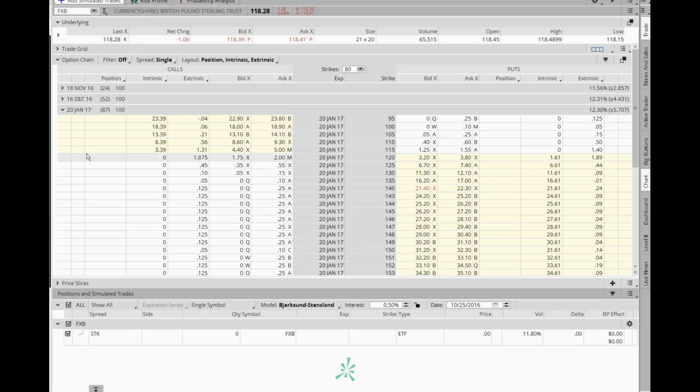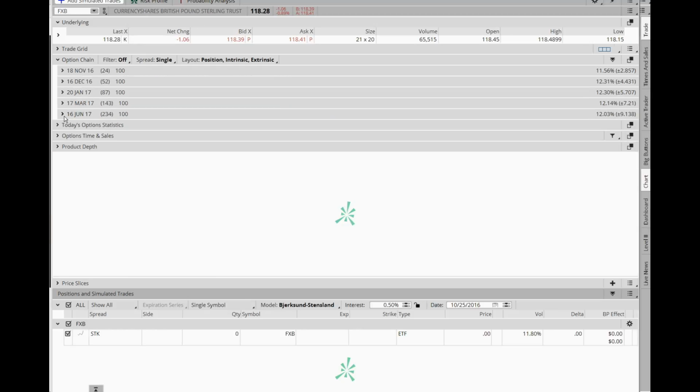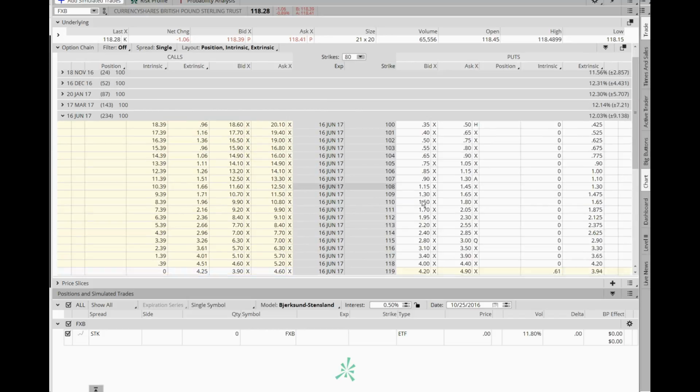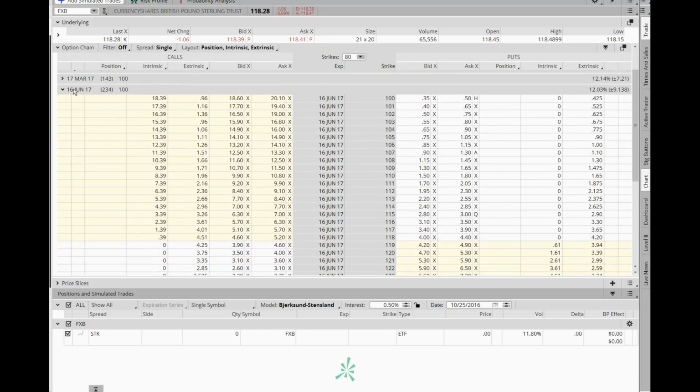Any questions so far? So Thomas, I believe pound will die horribly. Fine. You go over to this one, June 2017. 237 days away. You can buy a 118 put for around $4.20.